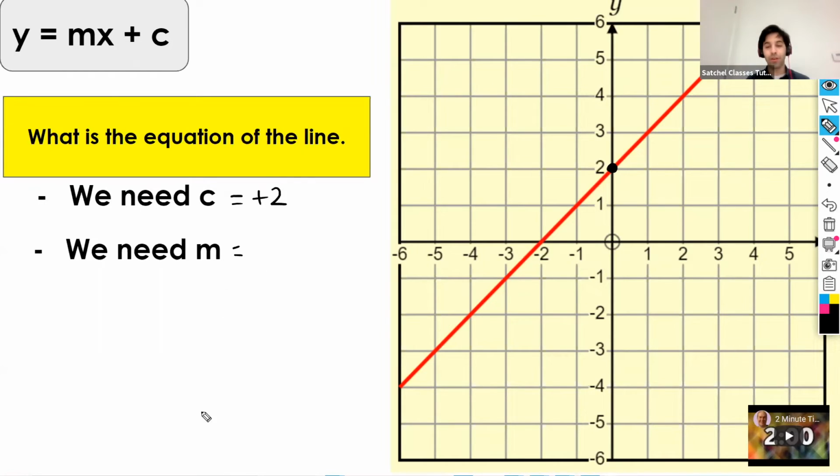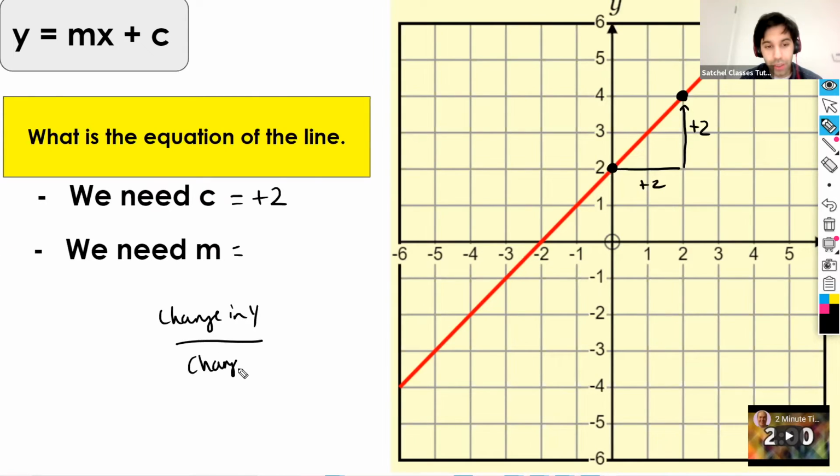Now let's work out the gradient. So I said pick two coordinates. So I'm going to pick this coordinate and this coordinate here. And our x value is increasing by 2, and our y value is also increasing by 2. So change in y over change in x is our gradient.